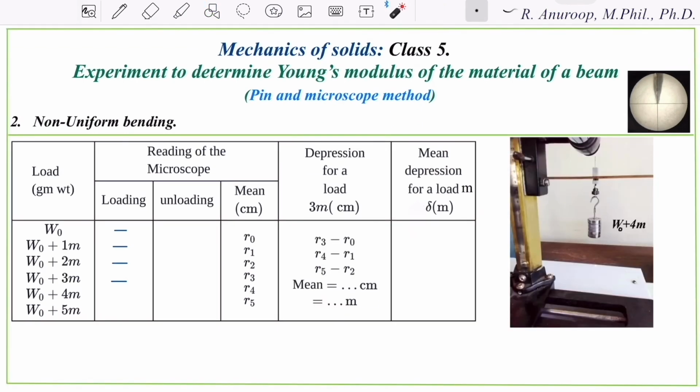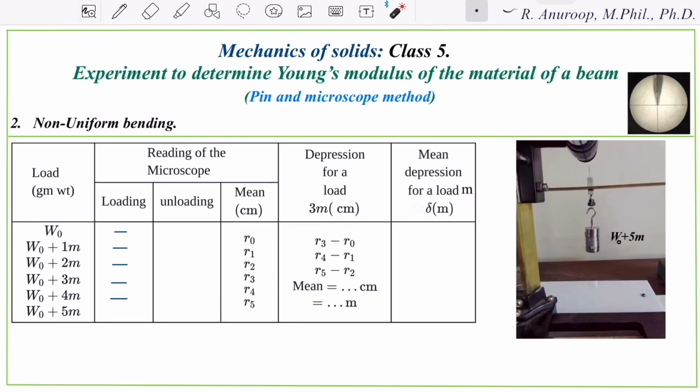Then add 1M again, so the total weight is W0 plus 4M, and note the reading. Now add one more weight, so the total weight is W0 plus 5M. Note the reading on the traveling microscope and write it in the tabular column.